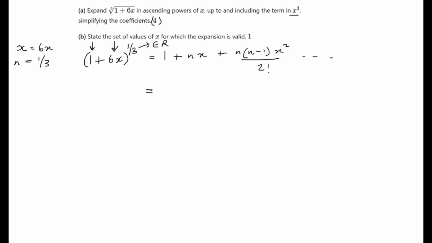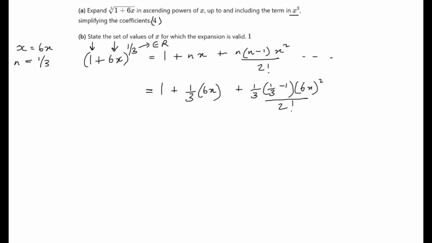So 1 + n, here n is 1/3, and x is 6x; in the formula, x represents the second term. Plus (1/3)(1/3 - 1)(6x)² over 2 factorial, and we have to go up to the x cubed term.